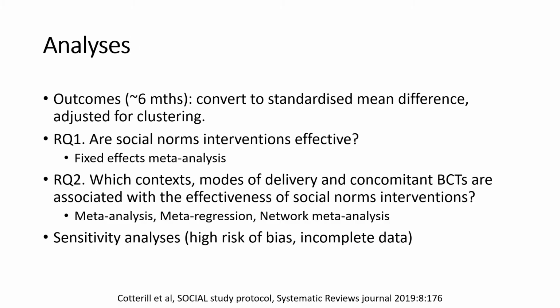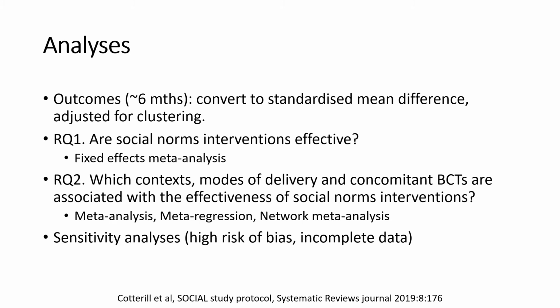For the analysis, our outcome was the closest outcome to 6 months after randomization. We had multiple different kinds of outcomes, for example ordering of a test, giving a prescription, or hand washing, or lots of different kinds of behaviours, and we had to convert all of those to a standardised mean difference, which we did using statistical methods.